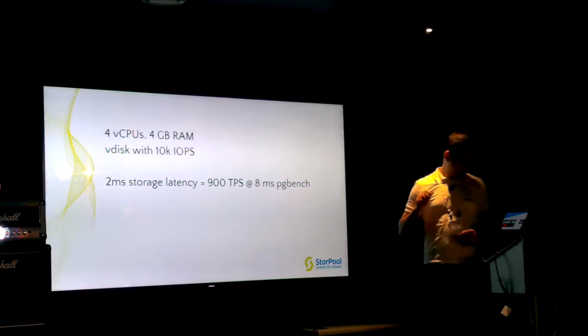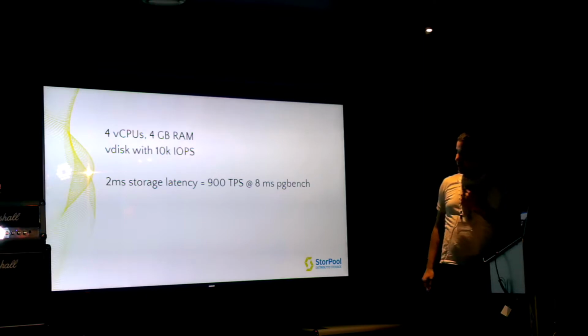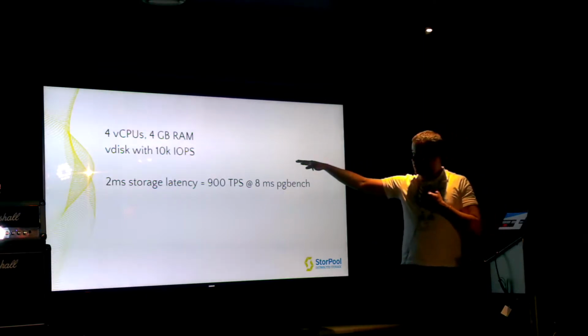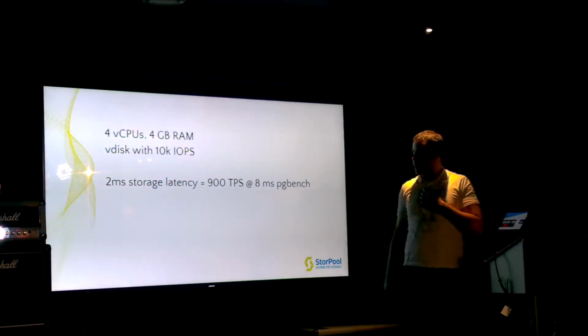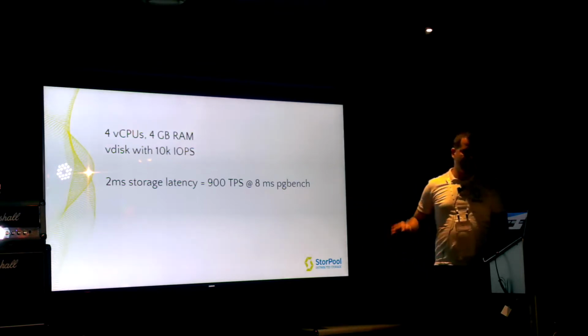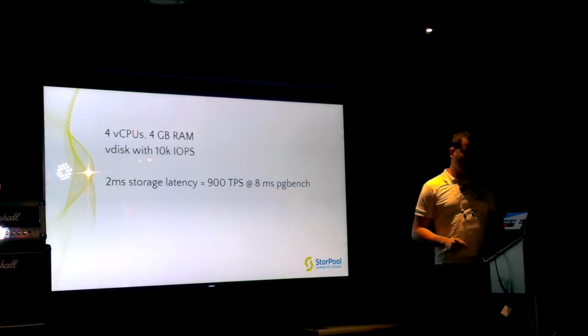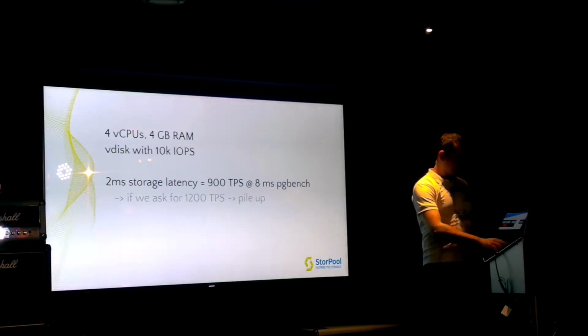Because we couldn't really hear all the things, we have a summary of the result as a backup, obviously. So we have the 4 CPU cores, the 4 gigs of RAM, 10,000 IOs, and a storage device that can do 2 milliseconds of latency. That would give 900 transactions per second on the database at about 8 milliseconds of latency.